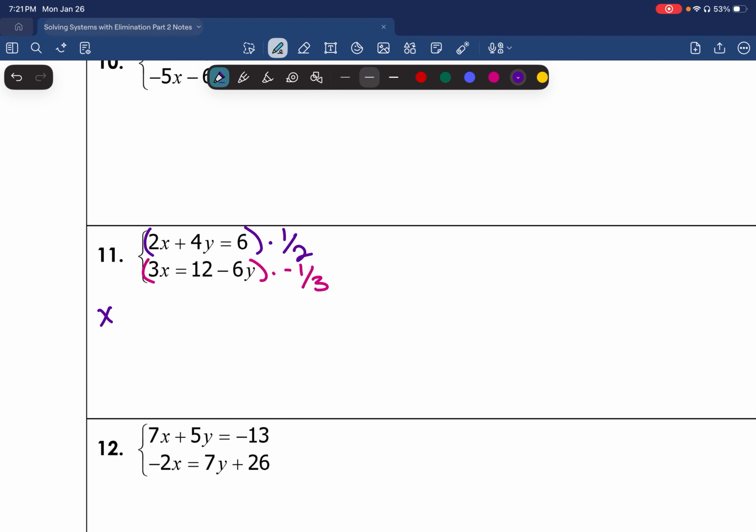So the first one is going to give me x plus 2y equals 3. And then the next one is going to give me -x equals -4, plus 2y. Then I need to switch this one to standard form.